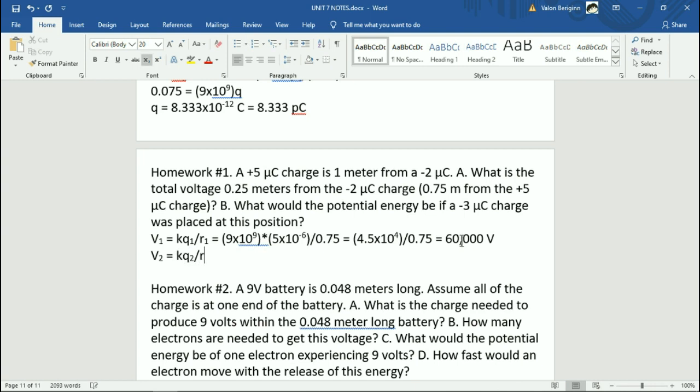Okay. So the second one now, KQ2 over R2. Now we're going to use the other charge. This is now the minus 2, right? Yeah. So minus 2 times 10 to the negative 6, divided by now 0.25. So the numerator becomes negative 18 times 10 to the, nope, times 10 to the positive 3.